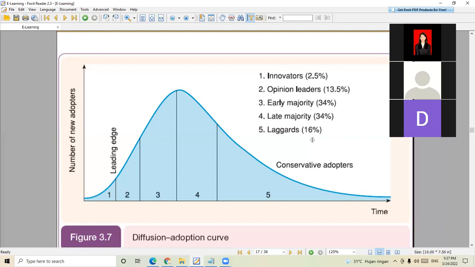But if you have limited finances, and you are not that sure about adopting the new technologies, then it's not a good idea to be in the first group, the innovators. Maybe you should wait for some time. Maybe you can choose the opinion leaders or maybe the early majority. It all depends.